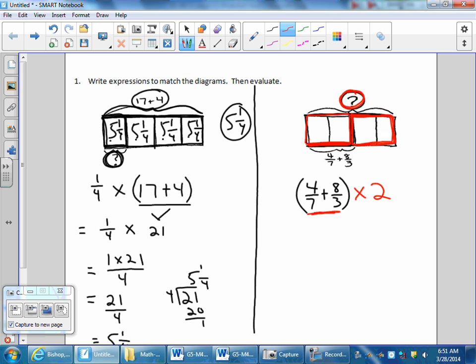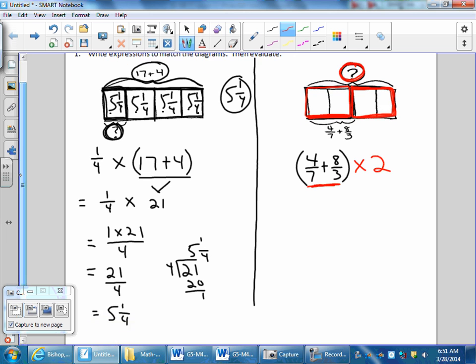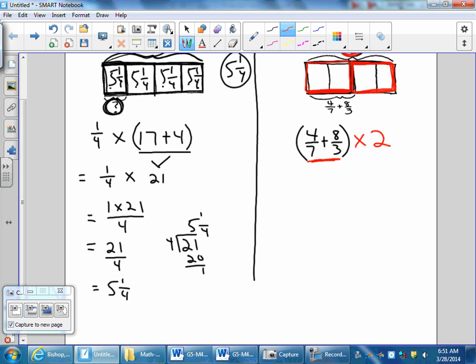So here, to evaluate this, I'm going to have to find a common denominator of 7 and 3, which is 21. We're still not at the stage to do it in our heads. Please continue to do side work to find your LCD. List the multiples of 7 and 3.